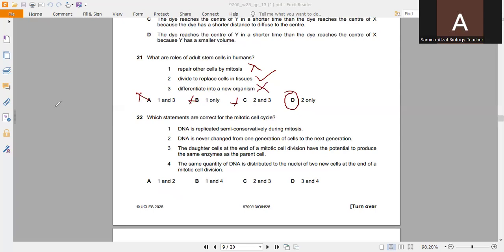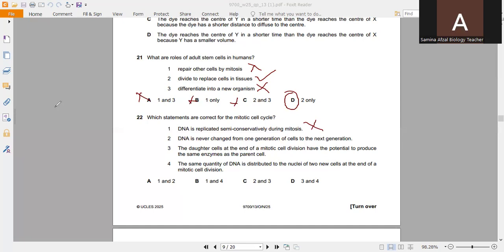DNA replication occurs during the S phase of interphase, which happens before mitosis begins. So this statement is not correct. DNA is never changed from one generation of cells to the next generation.